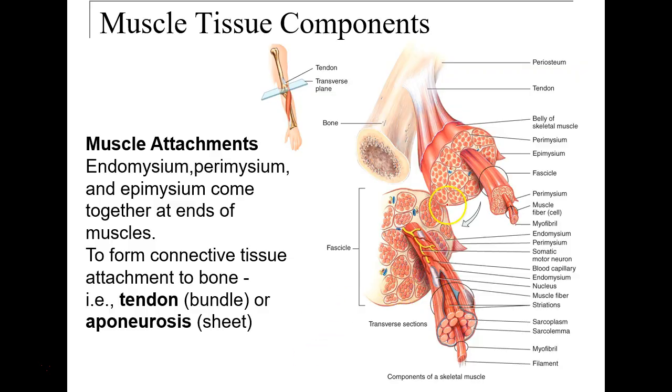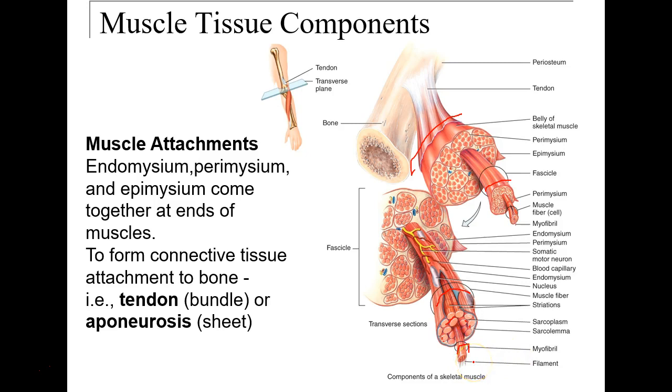So here we'll see that. So over the entire muscle, we have epimysium. Over the fascicle, we have perimysium. And over an individual fiber, we have the endomysium. And then within that muscle fiber, we have multiple myofibrils, a single one here.